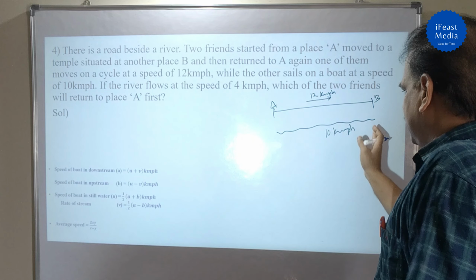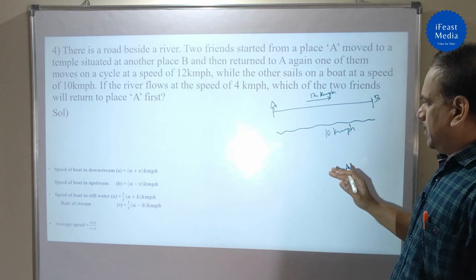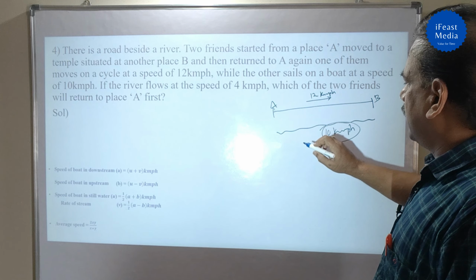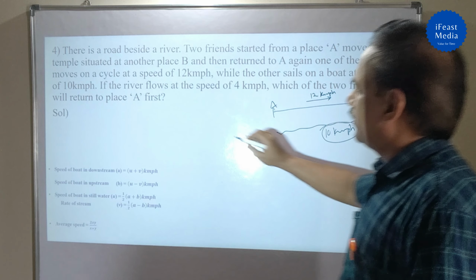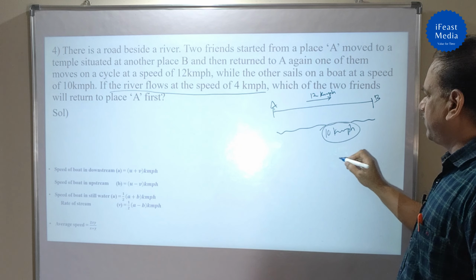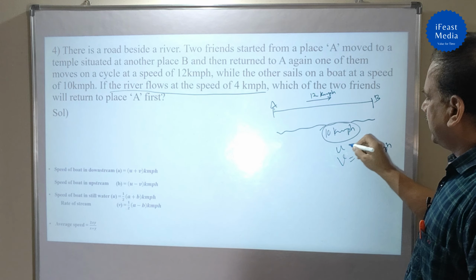Because a river has a downstream and an upstream always. What about this 10 kmph? This 10 kmph is not the speed of the river. You are given the speed of the river: if the river flows at a speed of 4 kmph, that means V is 4 kmph. And what is U?